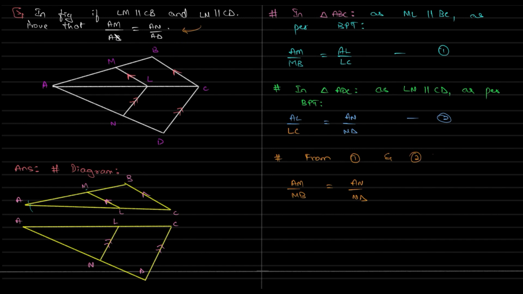We have to somehow get to this from here. So this is where you need to do a bit of math. So we'll take the inverse of the above statement.